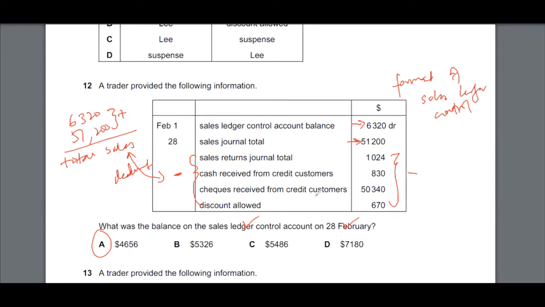But you don't need to remember the number. You need to remember the sales ledger control account format to calculate the number correctly. So the answer to multiple choice 12 is option A.